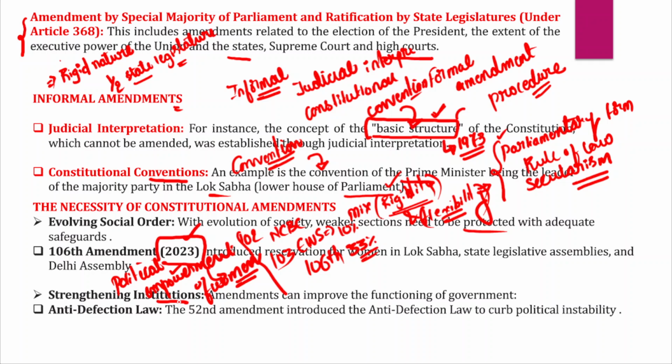So for instance, the Indian constitution has the 52nd Constitutional Amendment Act. What does this 52nd Constitutional Amendment deal with? It deals with the anti-defection law. Now, what exactly is this anti-defection law?